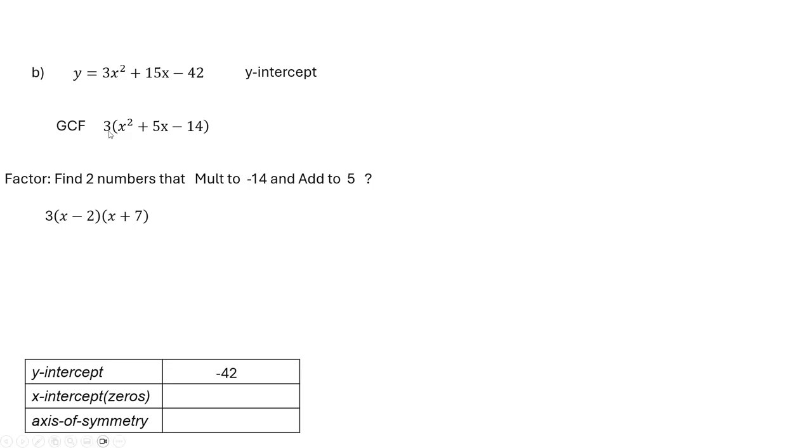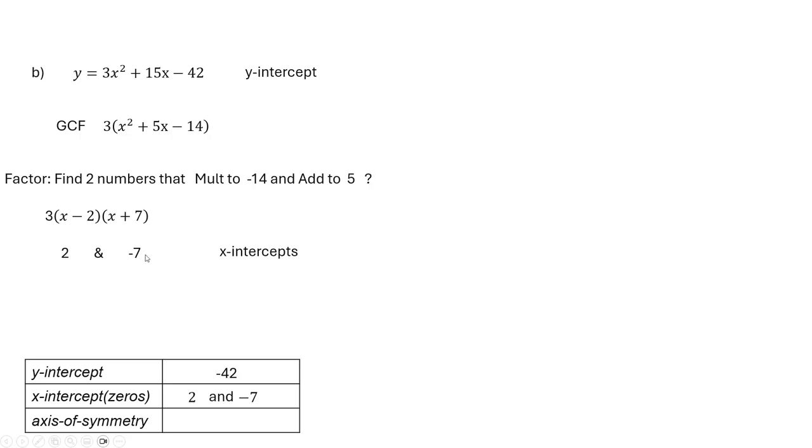But when we write out our factored form, we have to remember to bring down our greatest common factor and stick that in the front. So if the brackets show a factored form of x minus 2 and x plus 7, then our x-intercepts are positive 2 and negative 7.